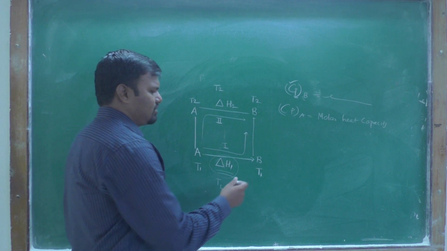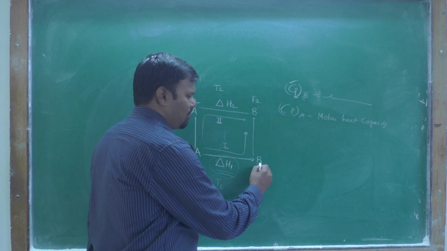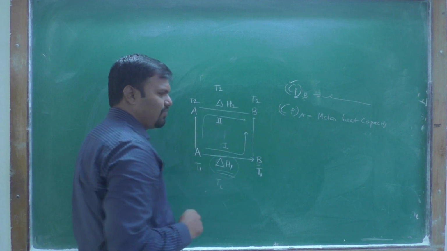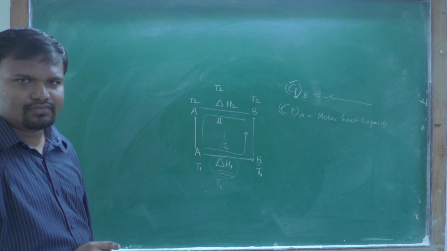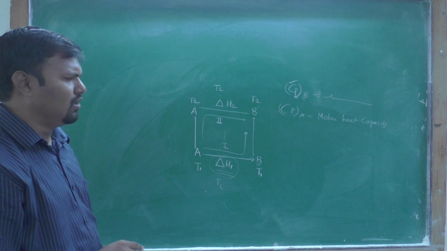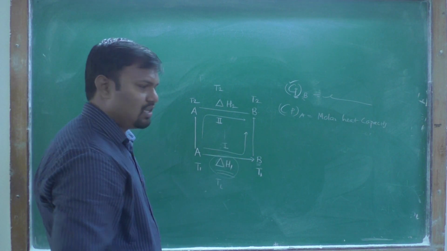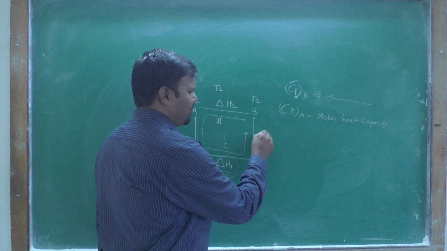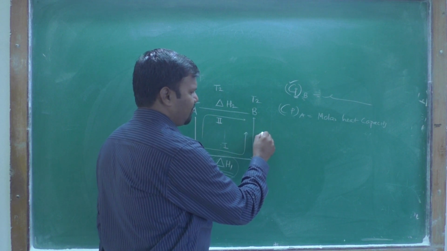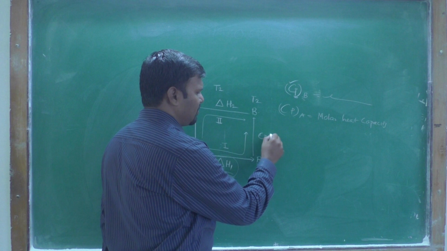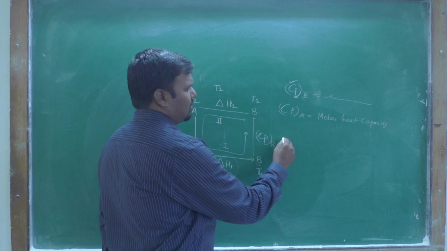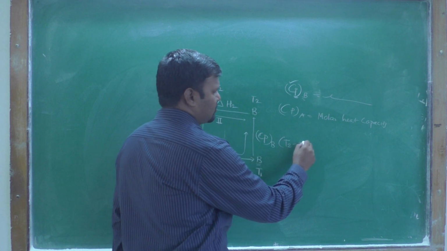In the second step, our product is heated to the temperature T2. Therefore, the total heat absorbed by the product is given by its molar heat capacity times T2 minus T1.